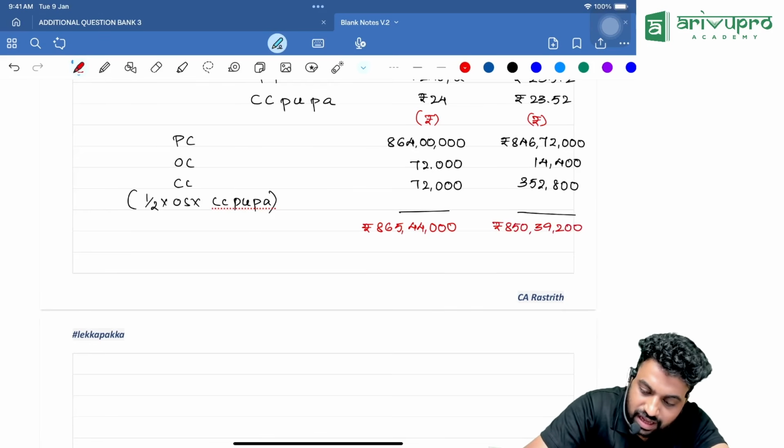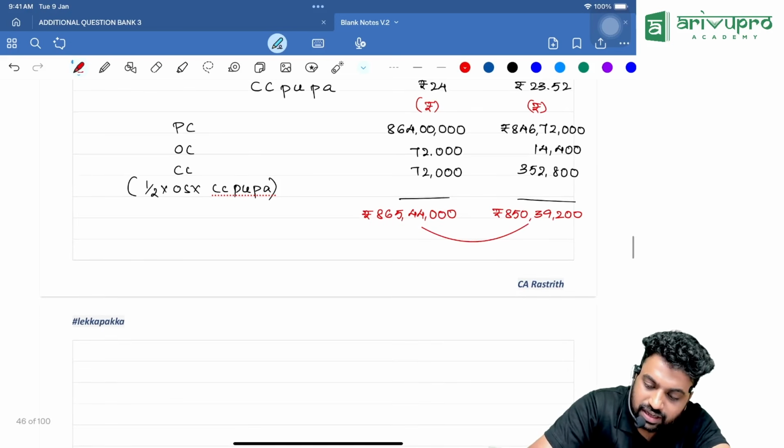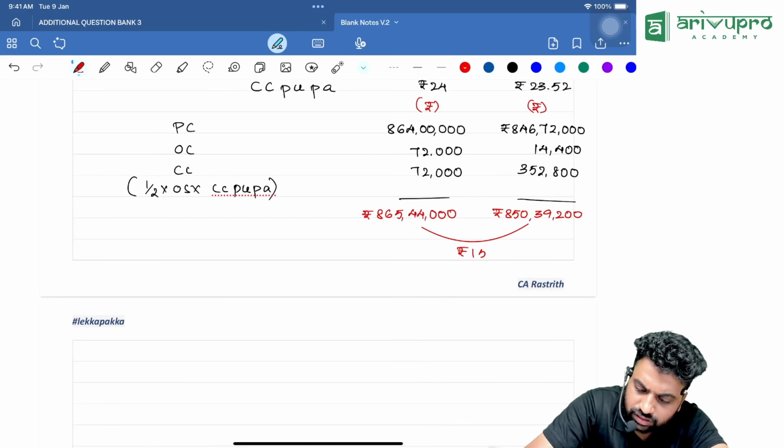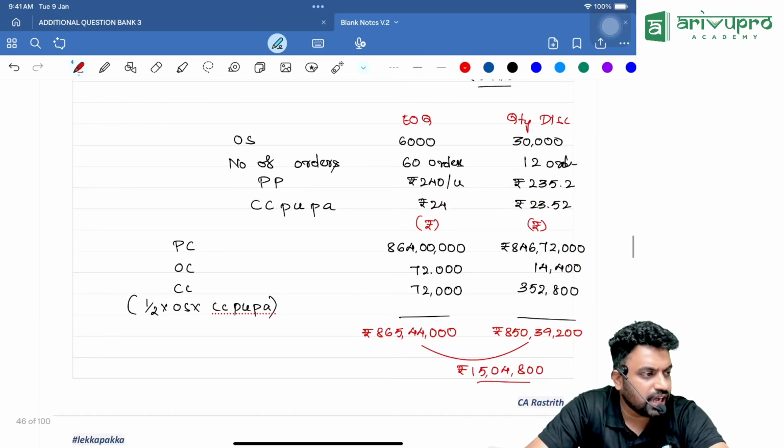Which means I will shift to the quantity discount only, because I am able to save 15 lakh 4,800. Just because I am shifting to quantity discount, I would be able to save 15 lakh 4,800. So it is better to shift to quantity discount.